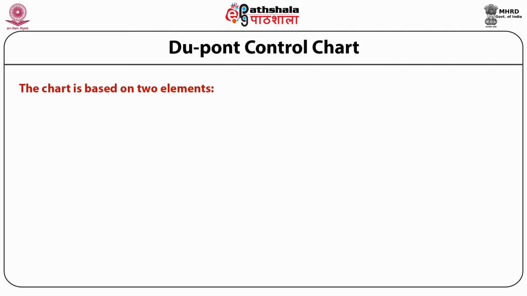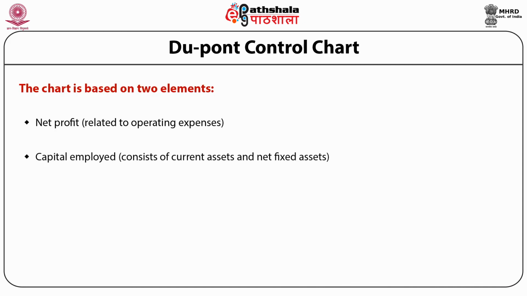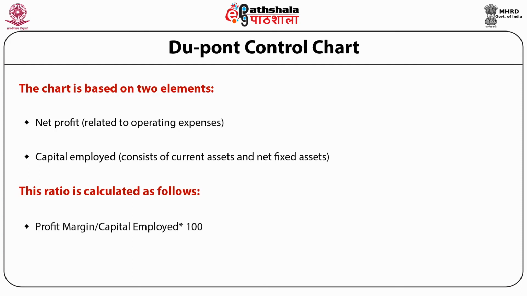The chart is based on two elements: first, net profit, which is related to operating expenses. Second, capital employed. This consists of current assets and net fixed assets. This ratio is calculated by dividing profit margin by capital employed and multiplying by 100.